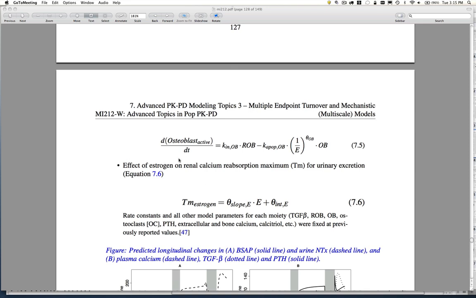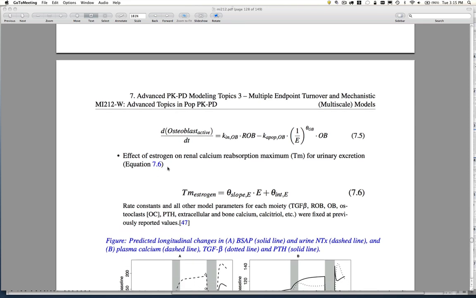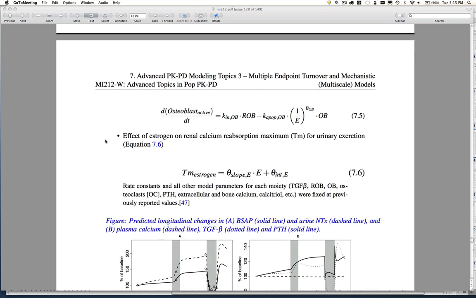We're able to change the effect of estrogen or estimate its effect on this osteoblast apoptotic system, able to integrate an effect into that. And interestingly, without this effect, I was having a terrible time fitting these data. I knew that this effect on renal calcium reabsorption occurred.